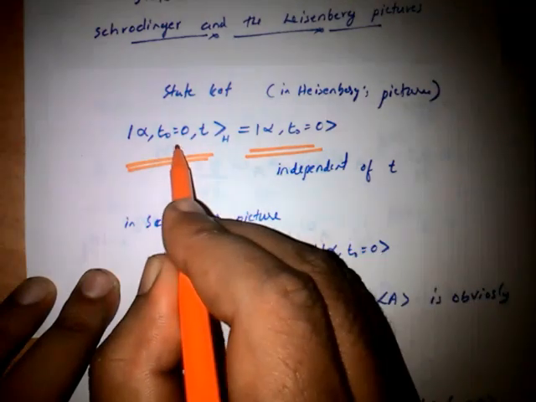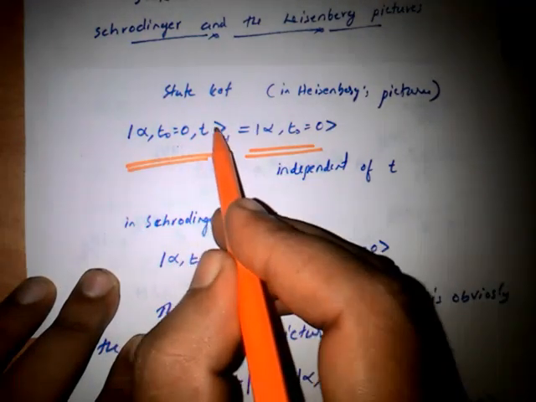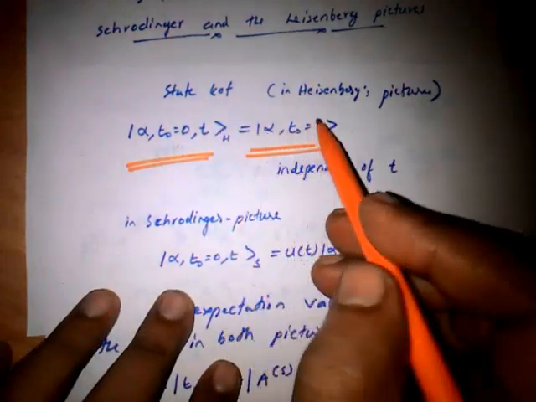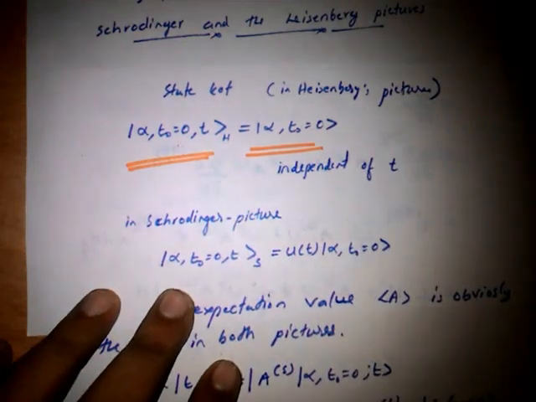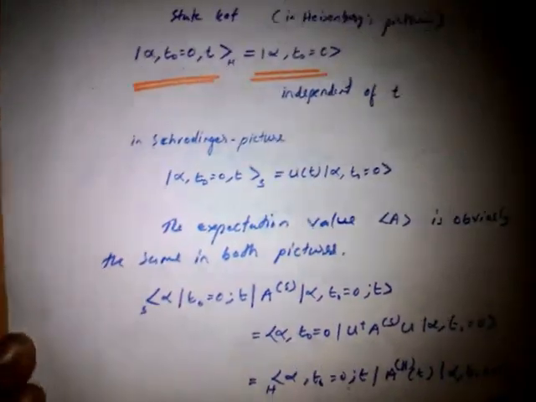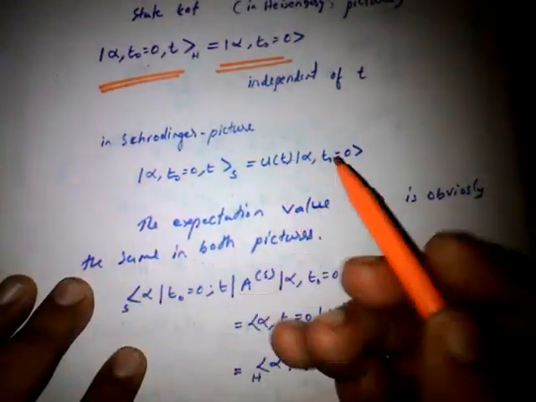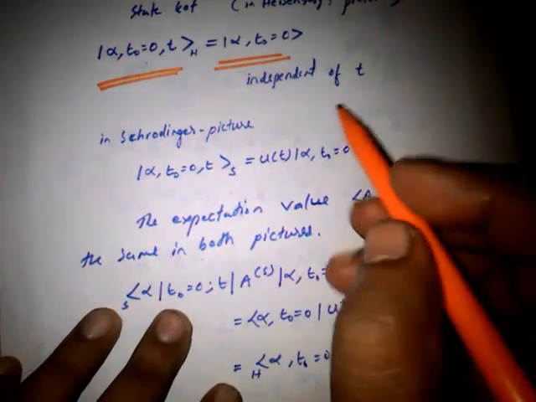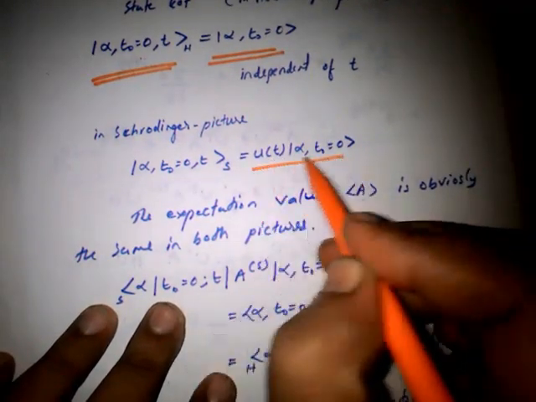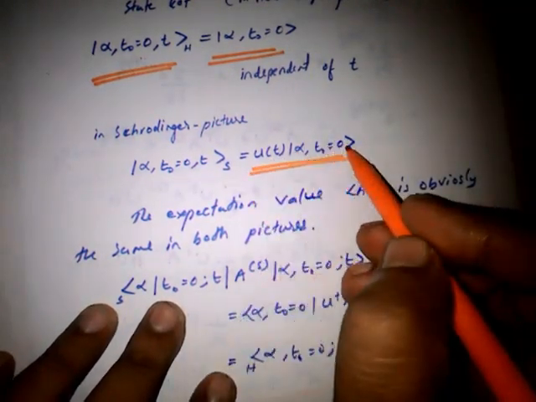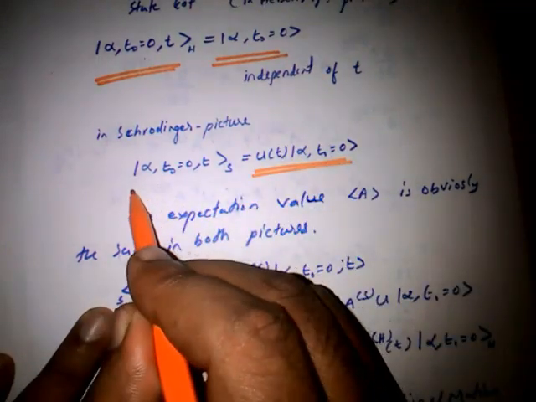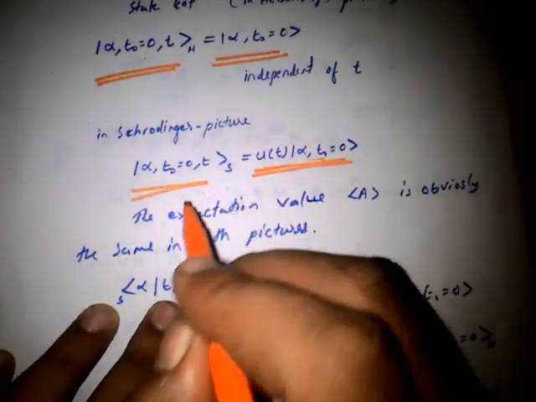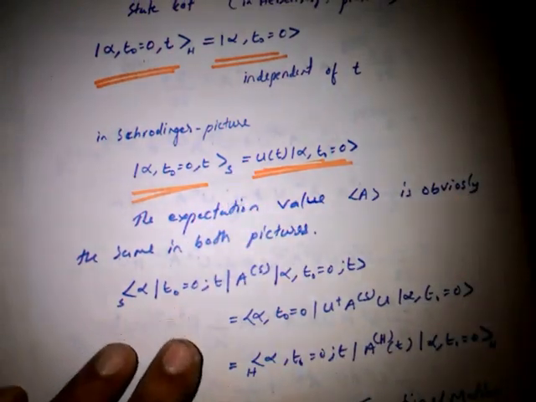Here the state ket is not changing with respect to time; after a time t also it is alpha, t not equal to 0. In Schrodinger's picture, the state ket is changing: alpha, t not equal to 0, t. That means when we operate with the time evolution operator on alpha, t not equal to 0, we get Schrodinger's picture, where the state ket is changing, not the operator.